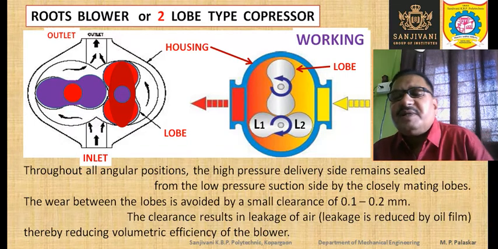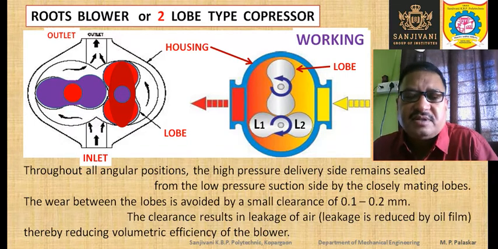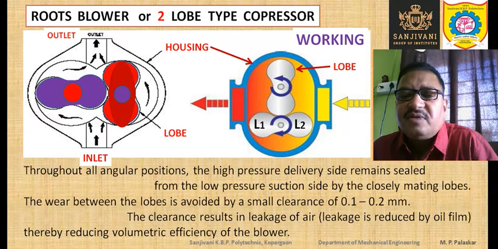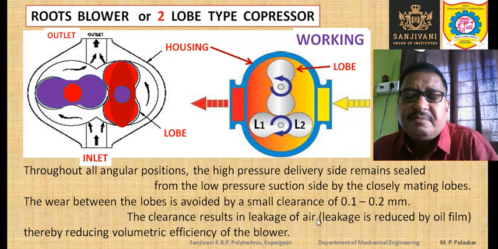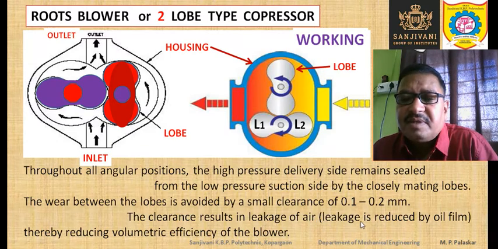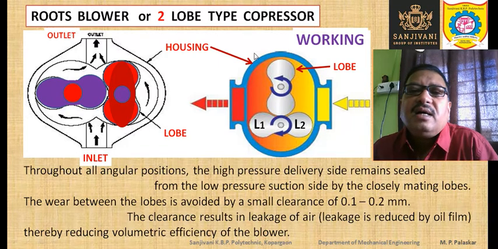The discharge pressure will be reduced if there is leakage of the air through the small clearance which is present between the lobes and the inner side of the casing.